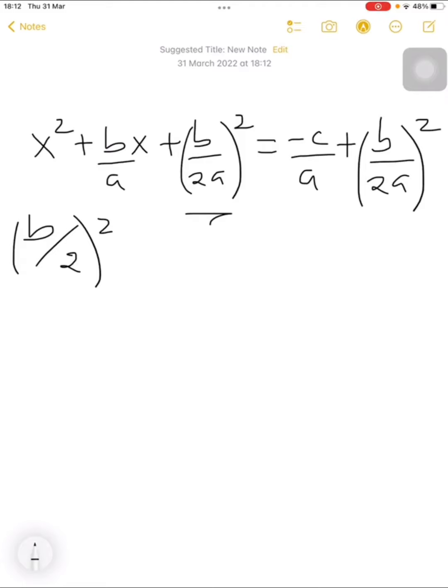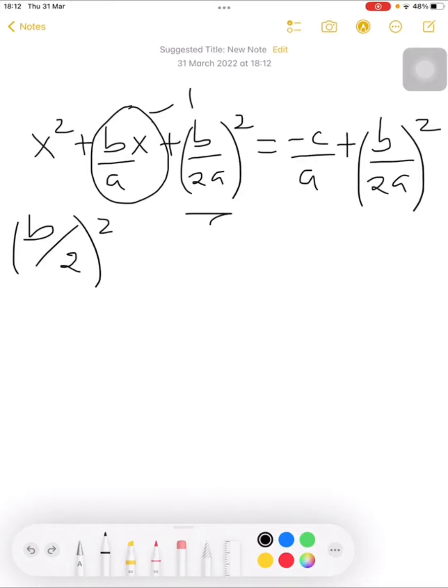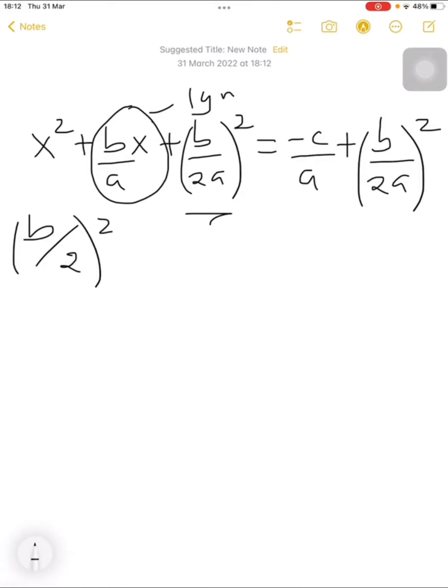Once you are there, please ignore the middle term. Only that one. And then you will take this term and this one. If you check the two of them, they have something in common. All of them have squares.